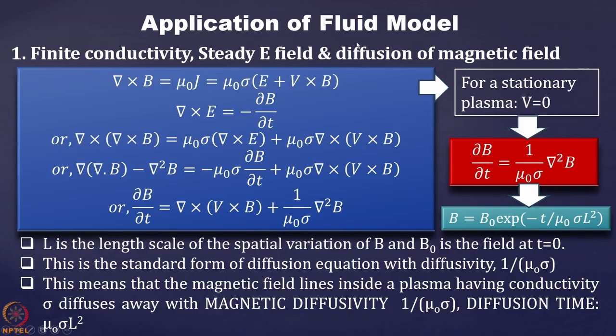So this is the diffusion of magnetic field. In a finite conductivity plasma where sigma is finite, the magnetic field inside the plasma diffuses away. The diffusion time depends on the length scale of the plasma and conductivity of the plasma, and the diffusivity is 1 by mu 0 sigma.